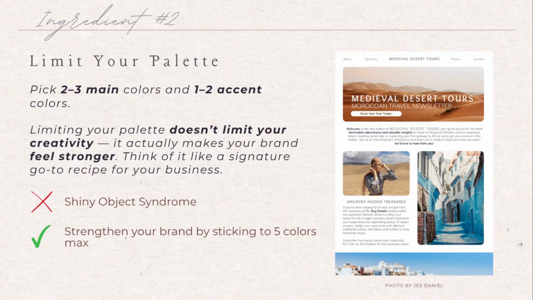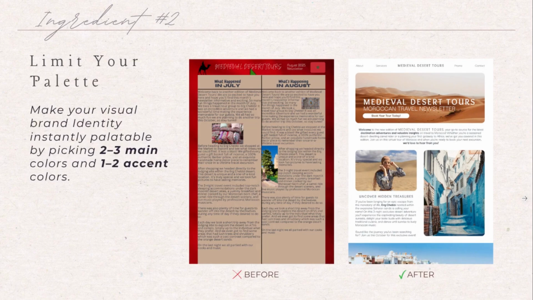So you will see that here throughout this newsletter that I designed for Medieval Desert Tours. Here in the before newsletter, you see the color choices didn't really make any sense as far as anchoring. The color choices were all over the place. We have several different colors here. And in the after for the newsletter, we're sticking with those 4 main colors for this specific brand.